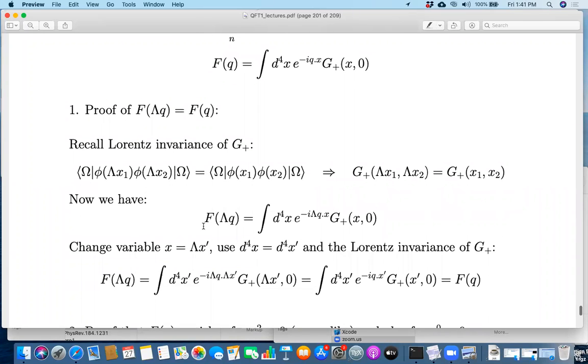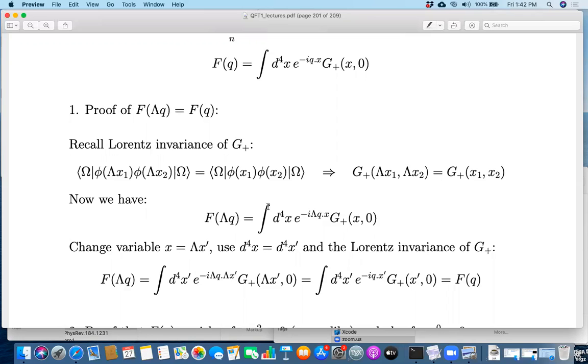Now let's try to analyze f of lambda q, because we are trying to prove that f of lambda q is the same as f of q. In the expression for f of q, I just replace q by lambda q. The way we will now proceed is that I first make a change of variable from x to x prime. I write x equal to lambda x prime.